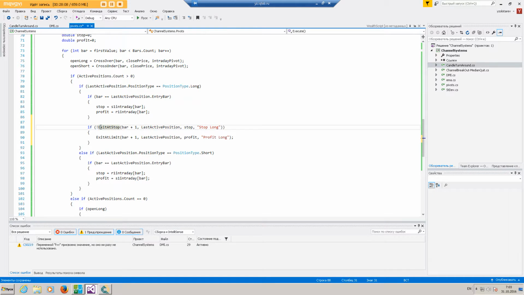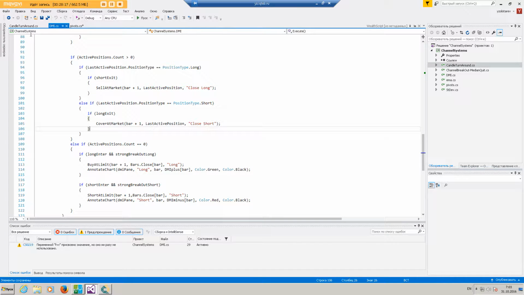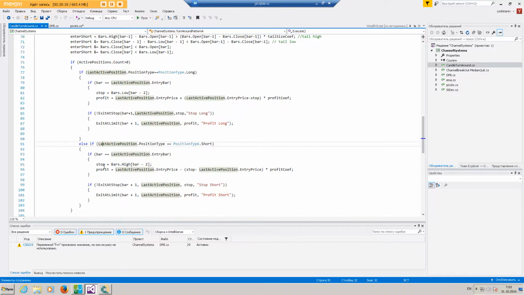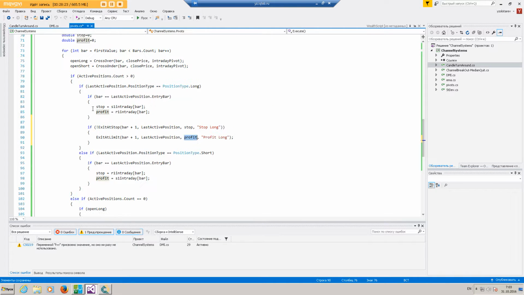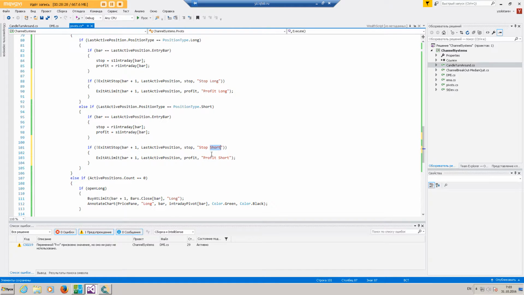That means that it tried it and it returned false. Then exit at limit order, which is our profit, and the same for this short. It's exactly the same, except it says short and profit short.